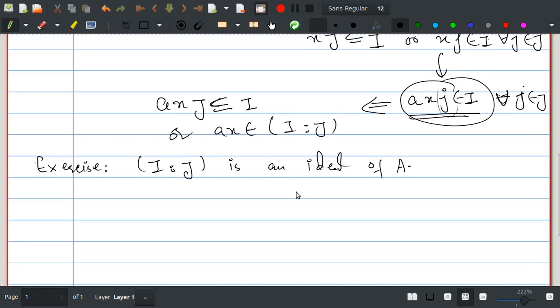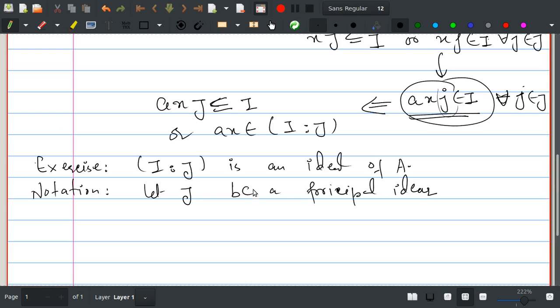Now let us fix a notation. Let I and J be principal ideals.